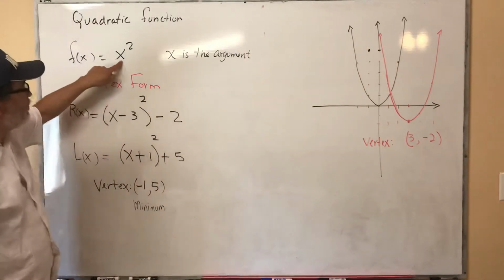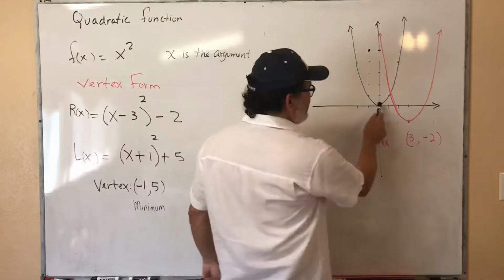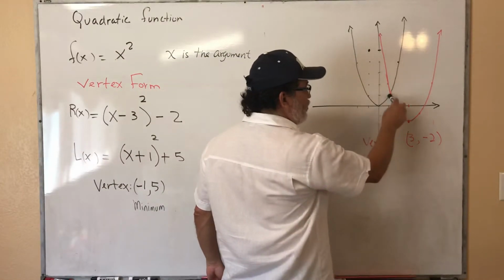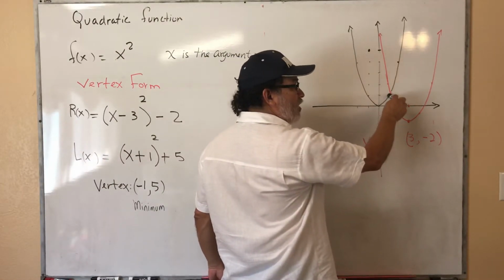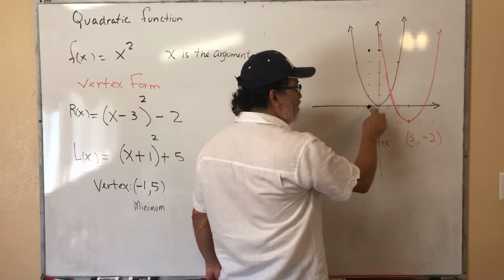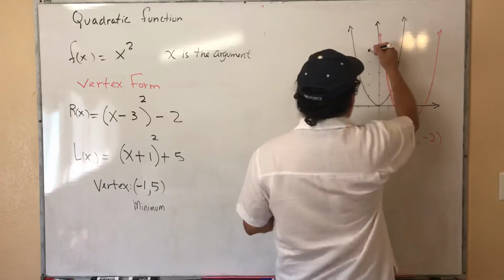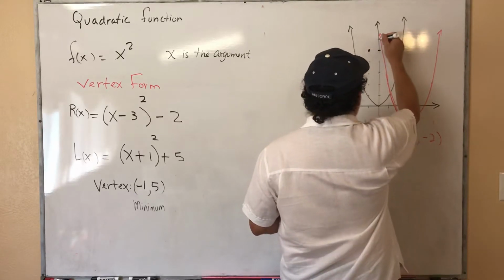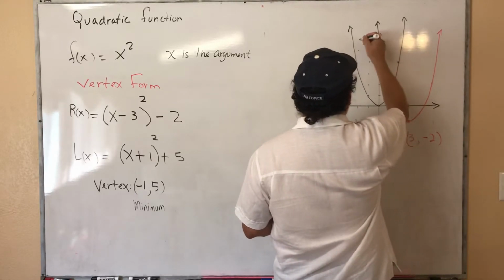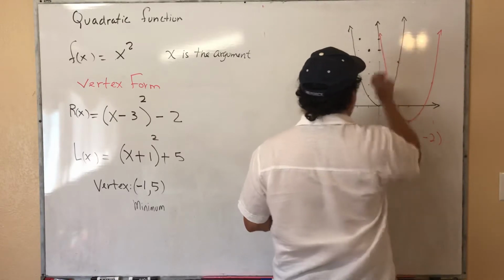And what's the behavior of this? From the vertex, look, one to the right and then one up, you land on the graph. From the vertex, one to the left, one up, you land on the graph. Okay?